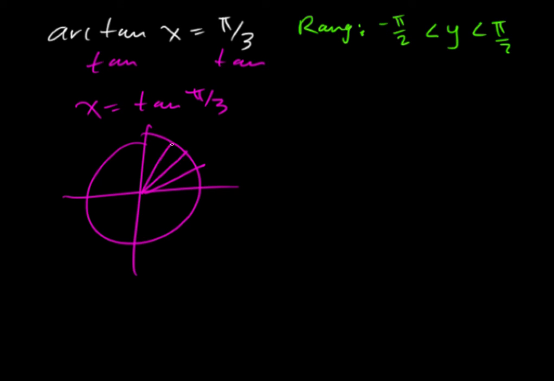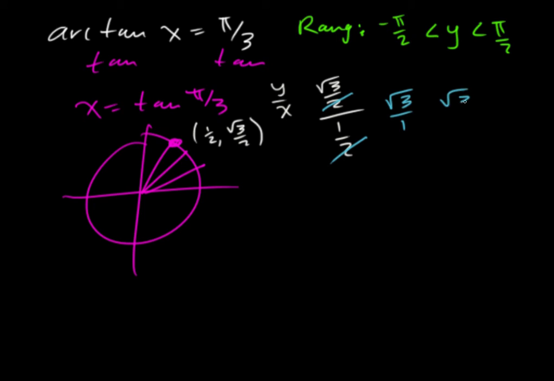Pi thirds is our third tick mark, which has a value of 1/2, square root of 3 halves. Tangent is y over x, so we put our y value over our x value. We have the same denominators on the top and the bottom, and so our final answer is square root of 3.